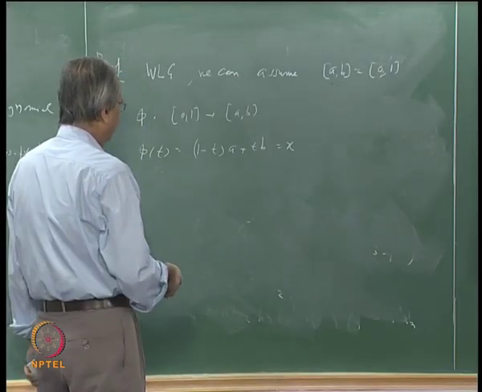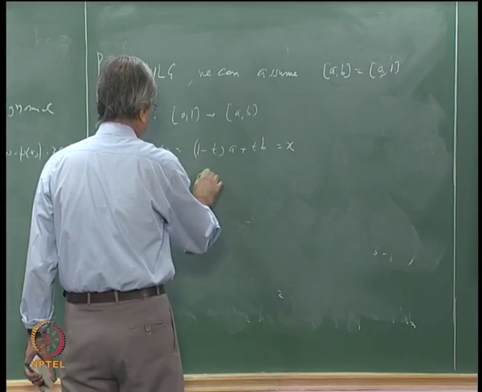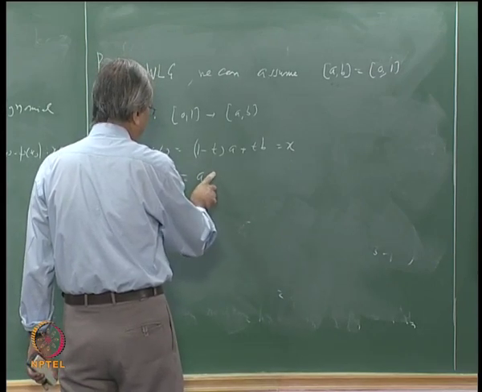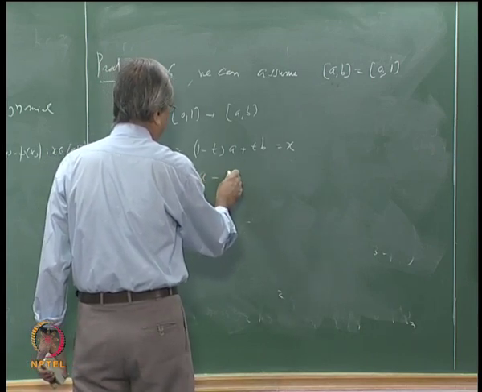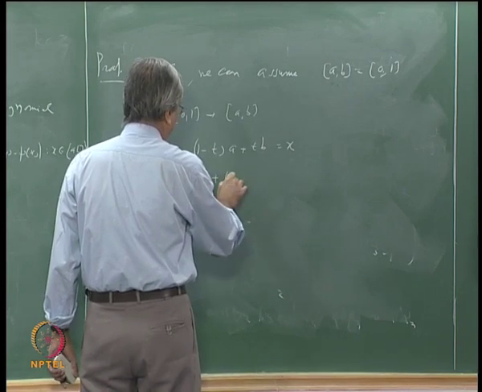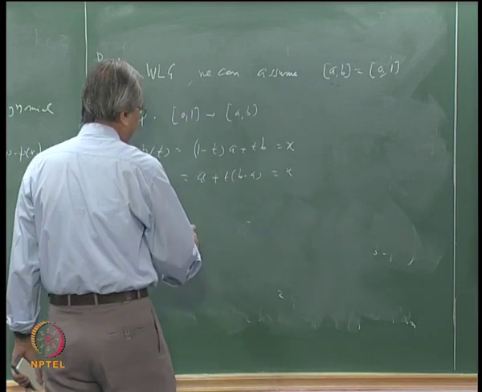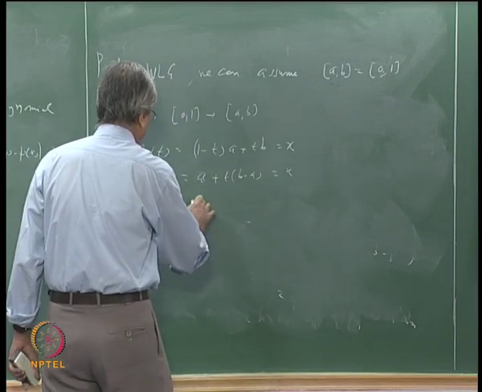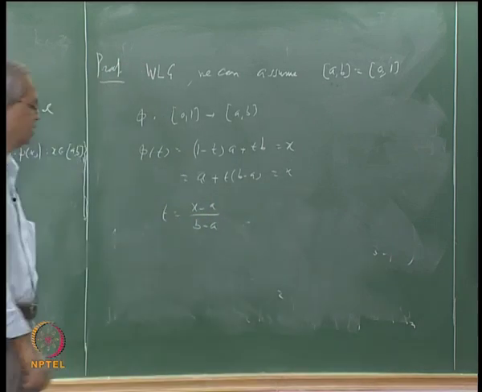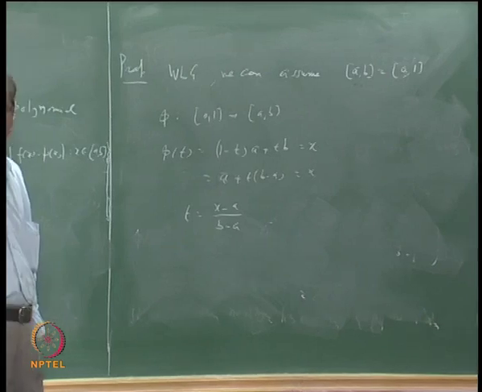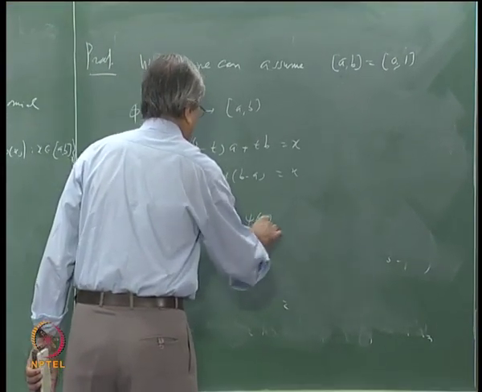That is a minus a plus t into b minus a equal to x, or t is equal to x minus a divided by b minus a. Let us call this psi of x.